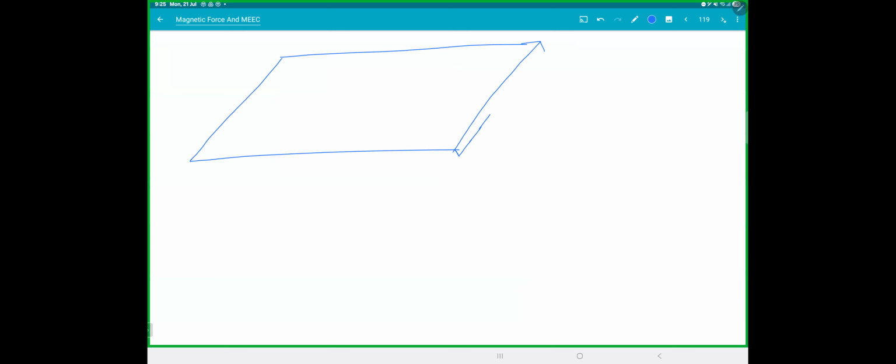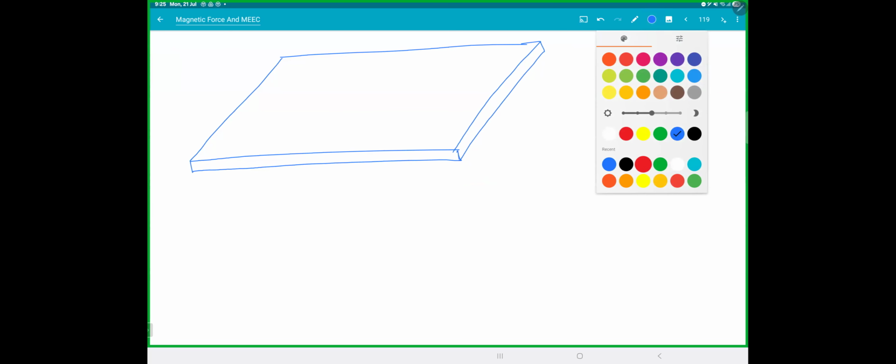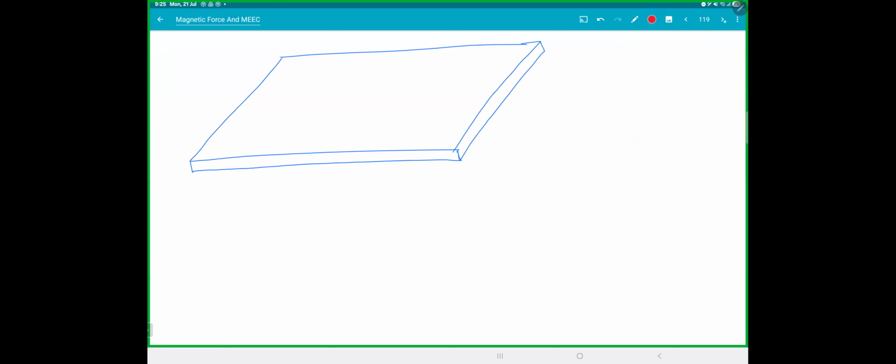Infinite current sheet. So this thing is like an infinite current sheet going with speed v.